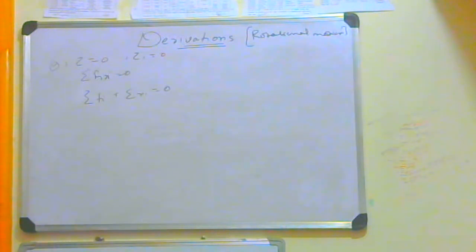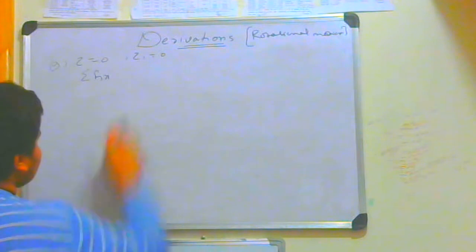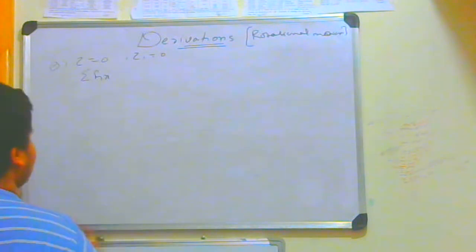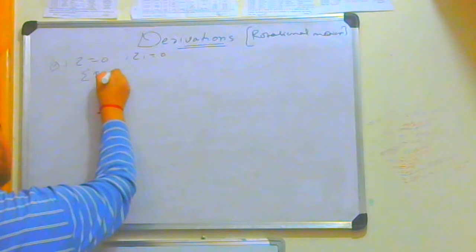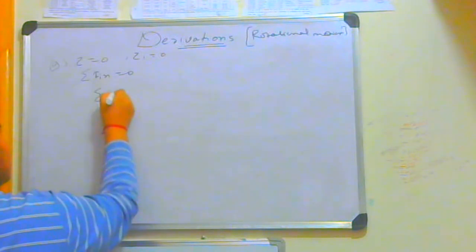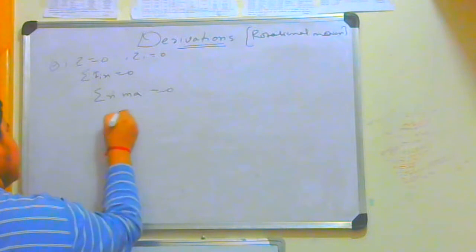तो आप ऐसे भी लिख सकते हो. Otherwise you can write it as, summation Fi के बदले में आप ऐसे लिखो इसको. This be summation Fi Ri equals 0. Summation Ri Mi Ai equals 0.